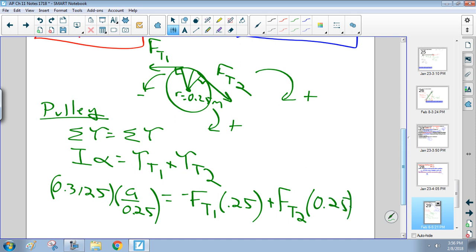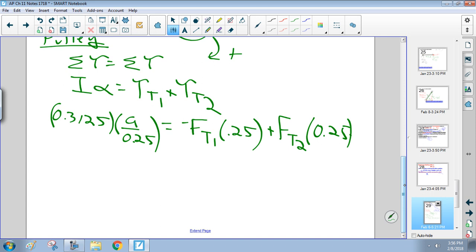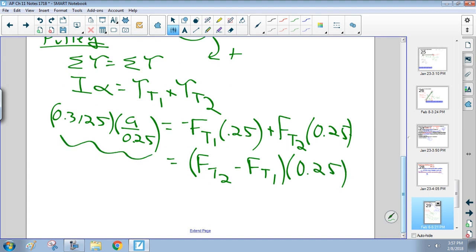Okay? So we can simplify that, and you get, oh, wait, no, shoot. So this is force of tension 2 minus force of tension 1, all times 0.25 equals this mess.